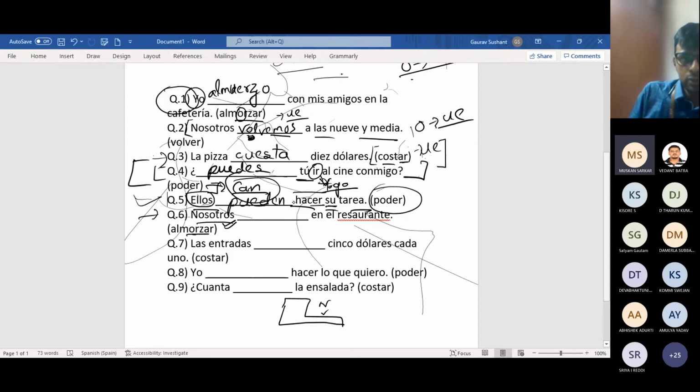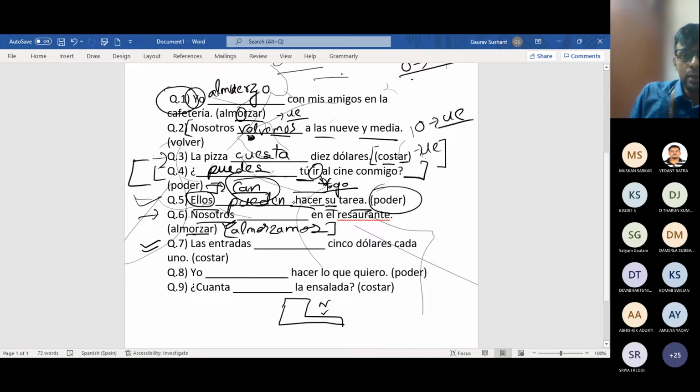Exactly. So, here the conjugation will be a normal conjugation, a regular verb, because nosotros will not fall under the boot rule.